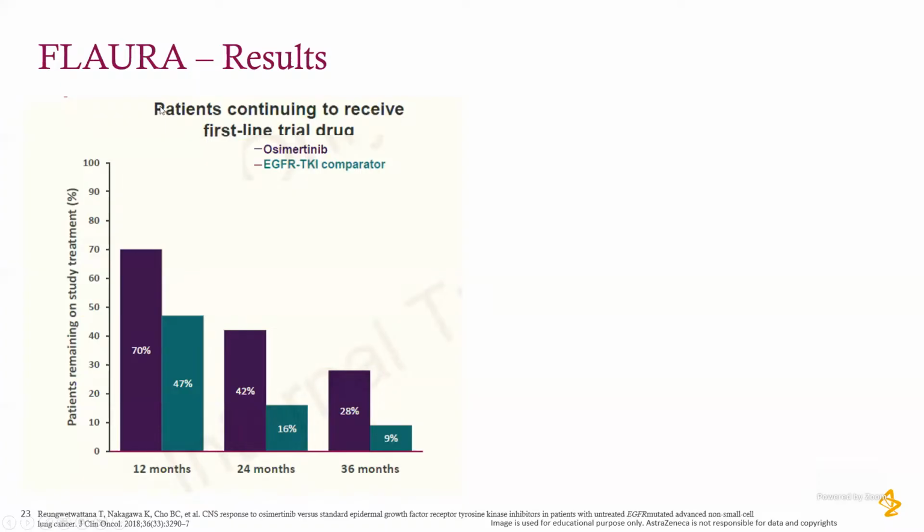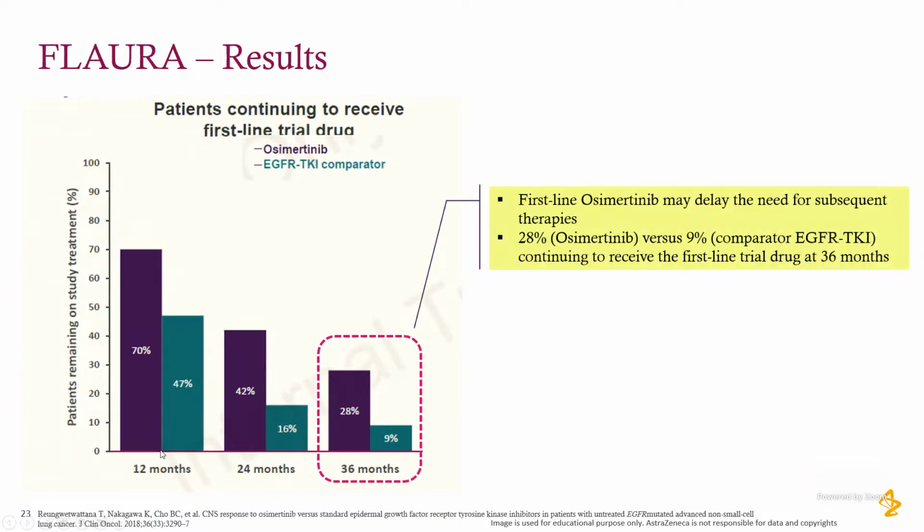This is the FLAURA result in the long run. In the first month, almost 70% of patients are still on the osimertinib arm, versus almost 47% on first generation TKI.